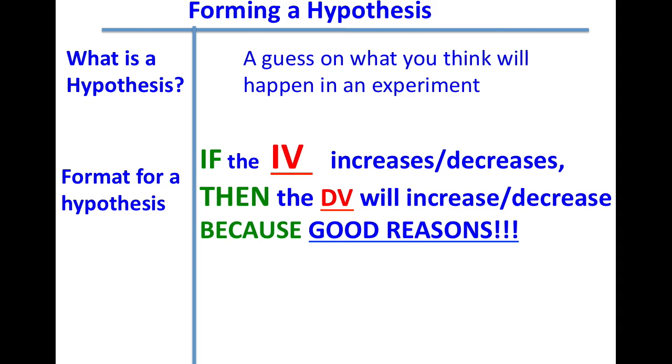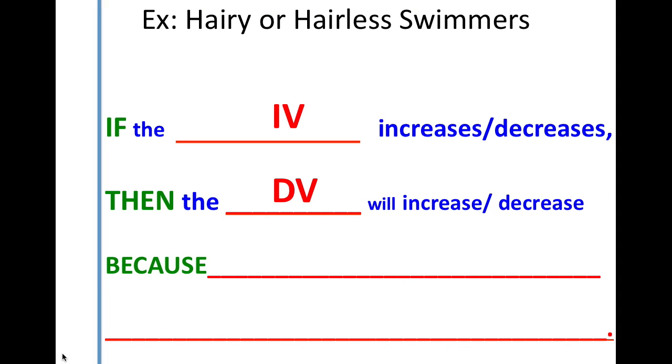Okay, so let's go ahead and create a hypothesis given the amount of hair versus the swim speed. So here is the hypothesis. The first step is just to fill out this first line.